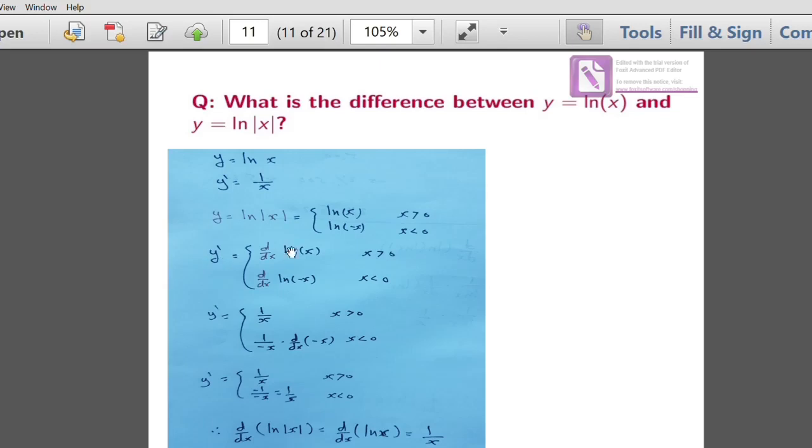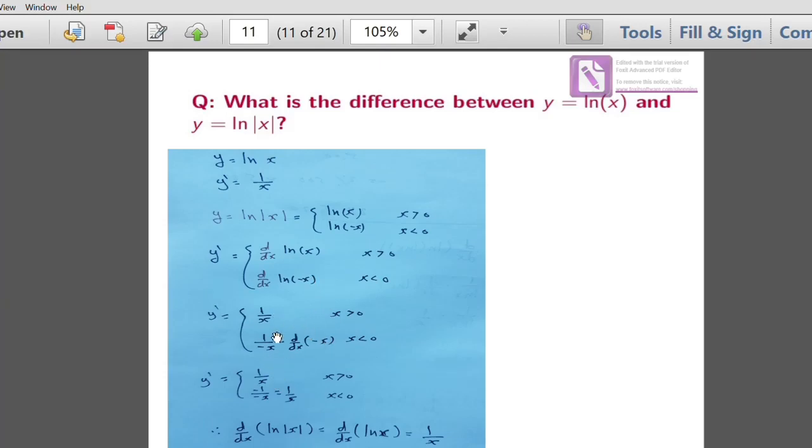So y prime will be equal to the derivative of this one when x is greater than 0, and the derivative of this one when x is less than 0. So d over dx of ln x, and d over dx of ln of minus x. The derivative of ln x will be 1 over x. The derivative of ln of minus x will be 1 over minus x multiplied by the derivative of minus x. So this one will remain the same, 1 over x.